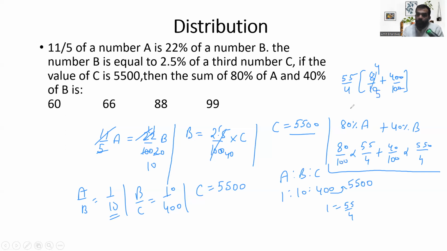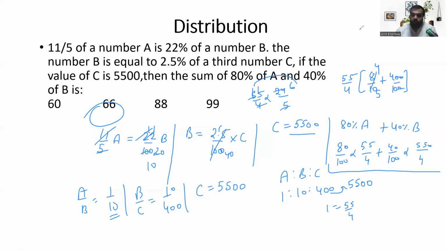Basically 55 by 4 multiplied by 24 by 5. Yes or no? So 4 6s are 24, 5 11s are 55. 11 6s are 66. This is the answer. Maybe I have done more calculation, you can make it simpler, but right now this is the approach I'm taking. So this is the solution.